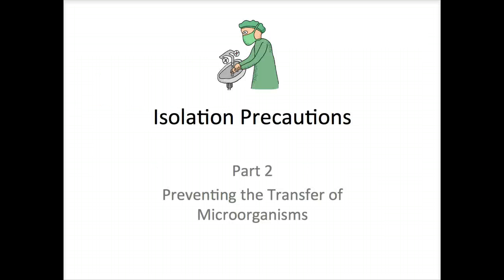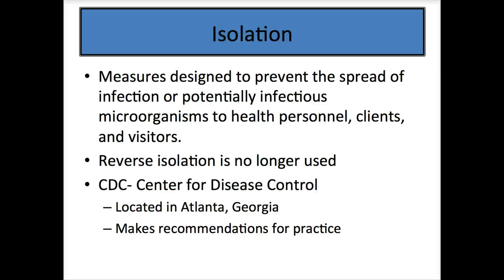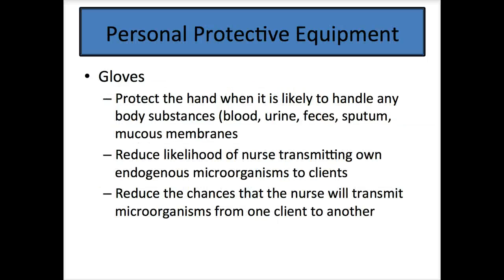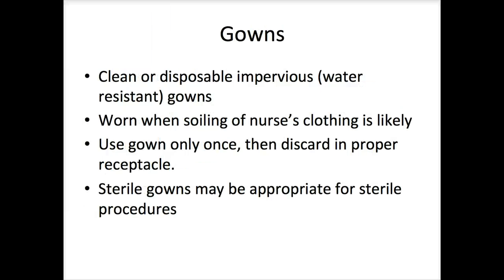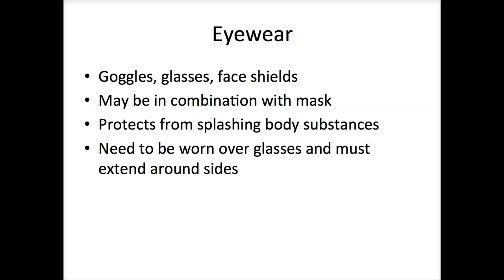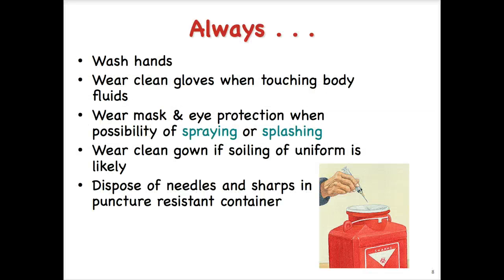So as a review, isolation means precautions or mechanisms to prevent the spread of infection. You need to be aware of what's needed to maintain good isolation technique, which are your personal protective equipment pieces, including your gloves, masks, and gowns, and protective eyewear like goggles. You're always going to wash your hands before and after entering a room.